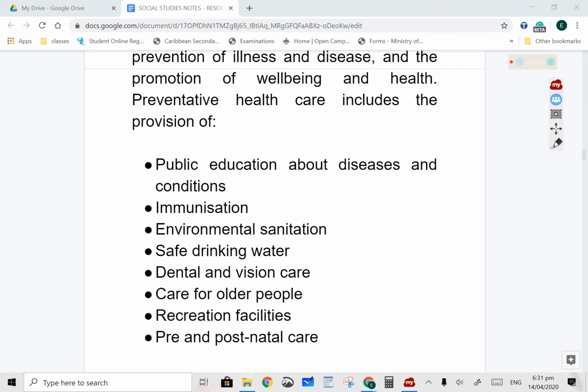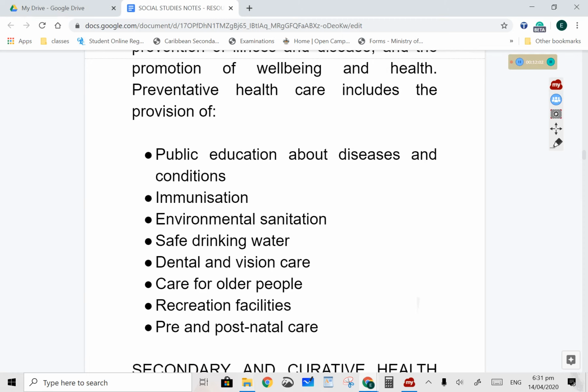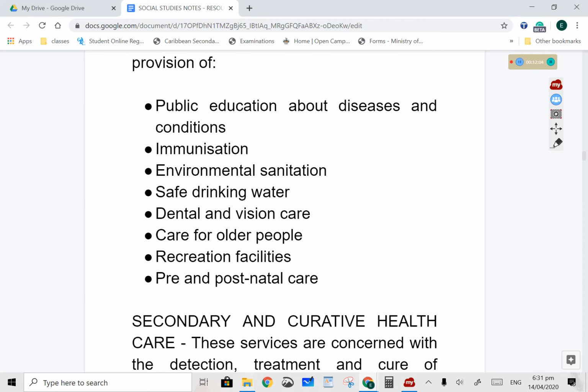So primary healthcare is very important because it actually is preventative healthcare. If people are able to access primary healthcare, this would help them to prevent a lot of diseases and be able to live a longer life, because you actually have primary healthcare for pre and postnatal care.